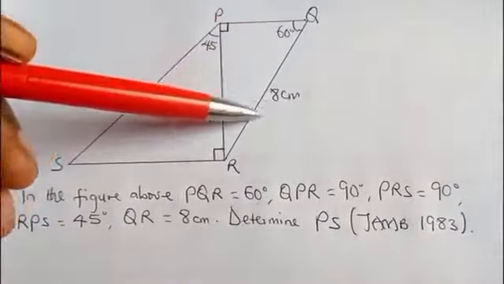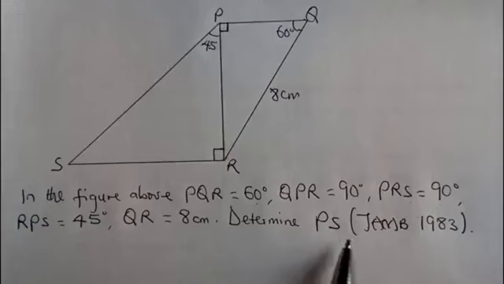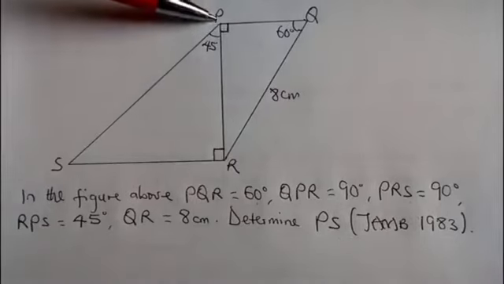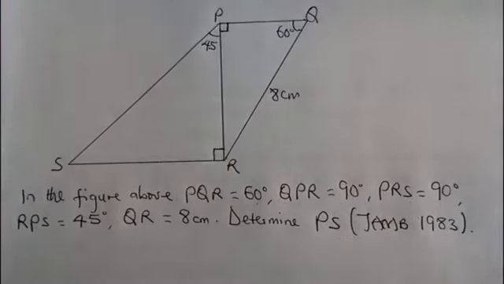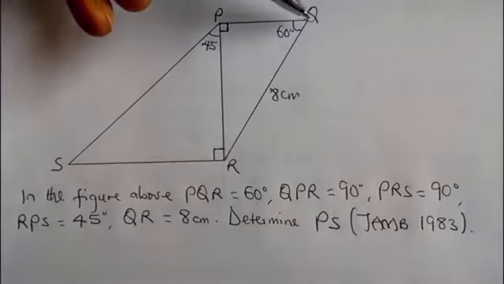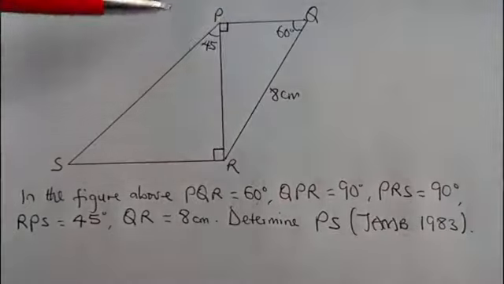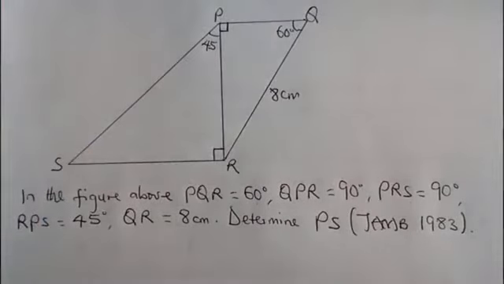Talking about this line, we have to determine PS, that is this line here. Looking at this quadrilateral, we have 2 right angles there. One is triangle QPR, the next one is triangle PRS.